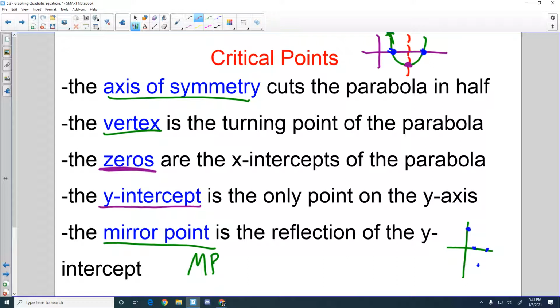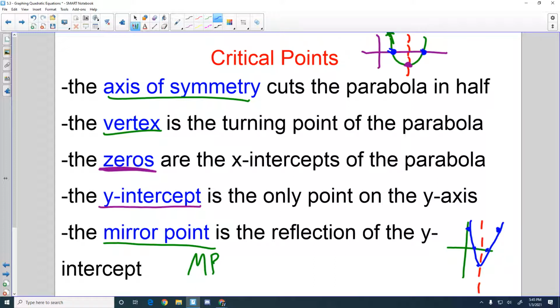If we think about that axis of symmetry being this mirror line, then I know that if the y-intercept is in this upper left, then there's got to be a reflection point over here, or a mirror point. So when I draw on my parabola, this is a very narrow one, it's going to hit there, it's going to be perfectly reflected over. So I call that the mirror point. It's the reflection of the y-intercept over the axis of symmetry.